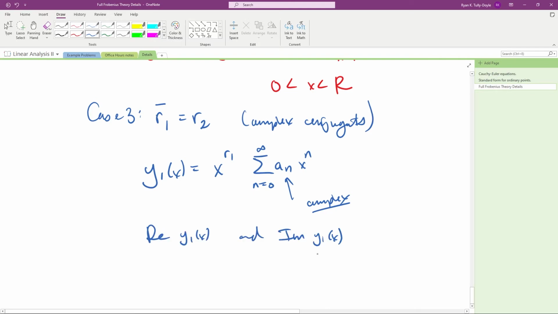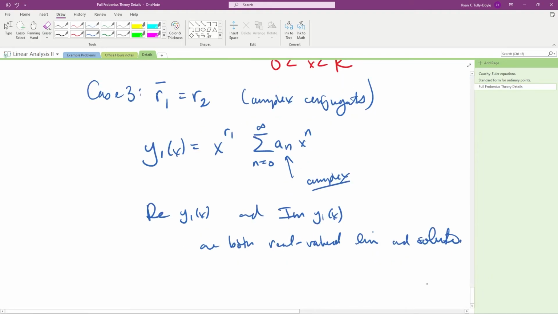It's going to turn out that the real part of y1 and the imaginary part of y1 are both real valued linearly independent solutions. And there's a quick way to compute real and imaginary parts in theory. So at least in theory, we can always find one solution using the complex r1 and then plug it in and split it into the part that is real and the part that is imaginary. And both of those will correspond to linearly independent solutions. And so that's the whole story.